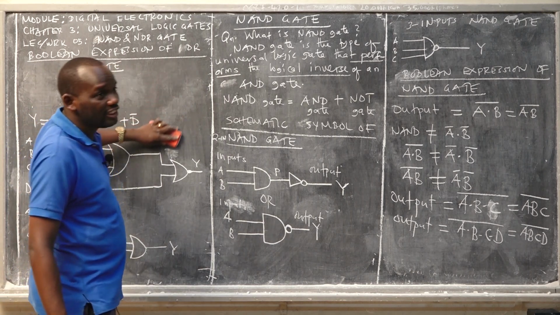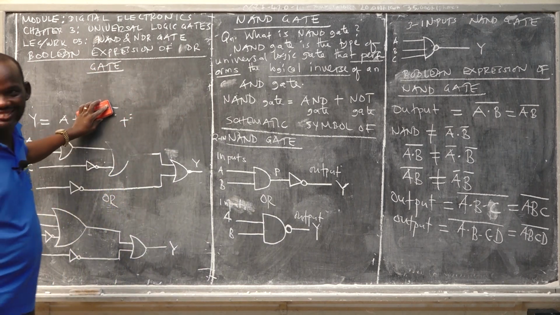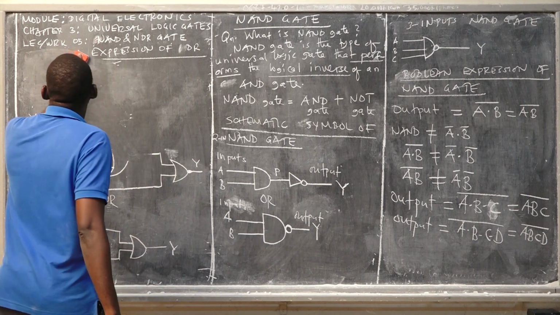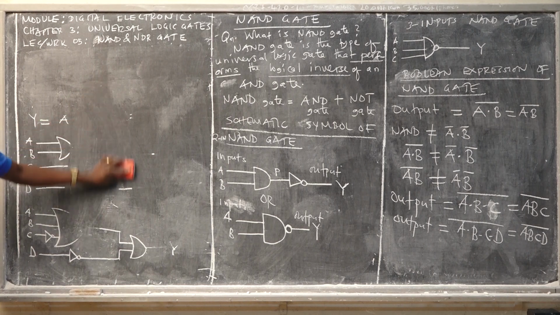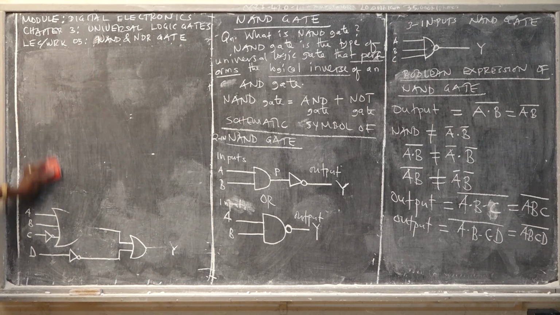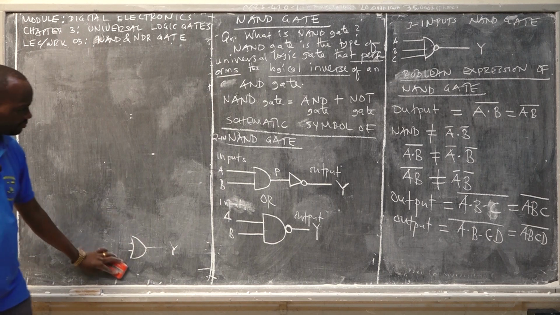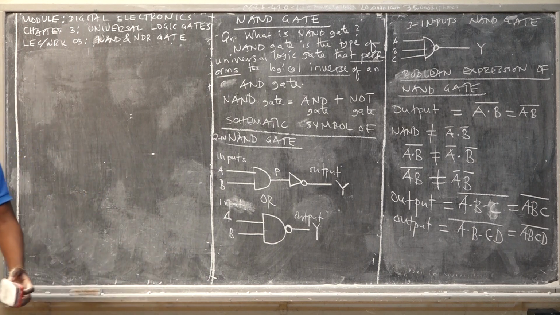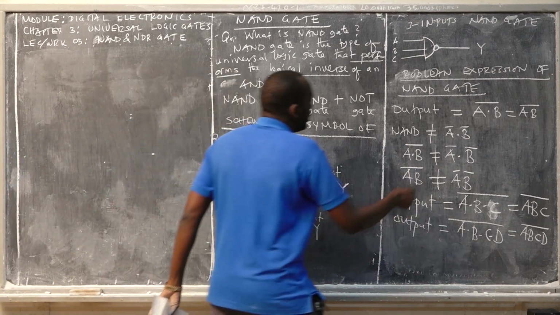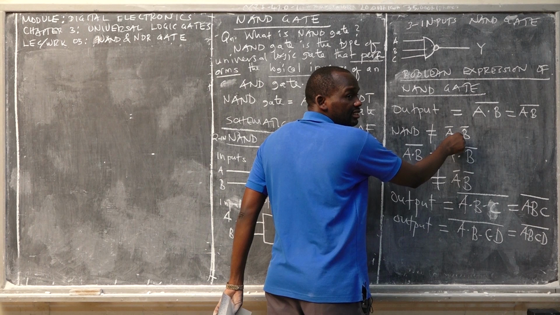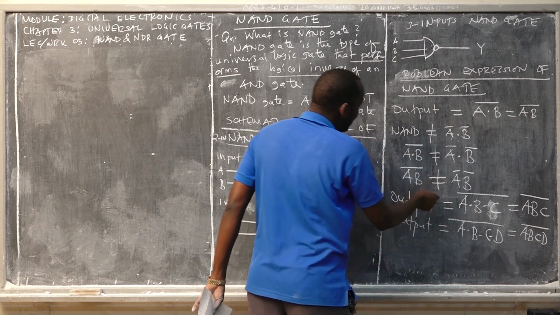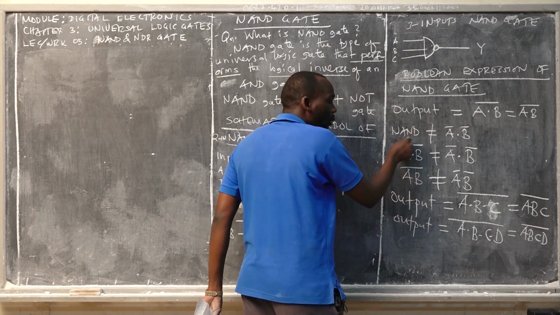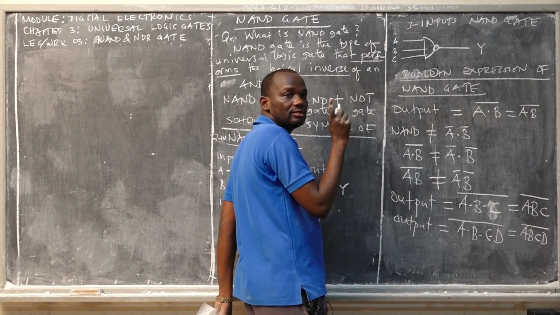So I think that now digital is becoming digital, right? Because what you are writing on the blackboard is just symbols, equations, diagrams. So it becomes very interesting. So remember that this is one AND gate, two NOT gates, while this one is one AND gate, one NOT gate. That's the difference.